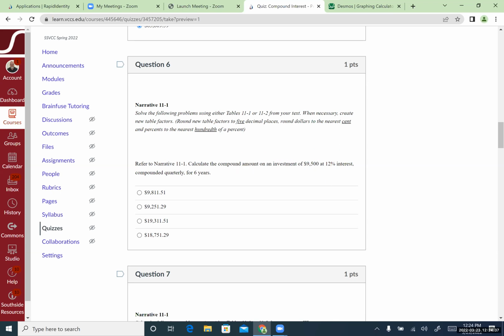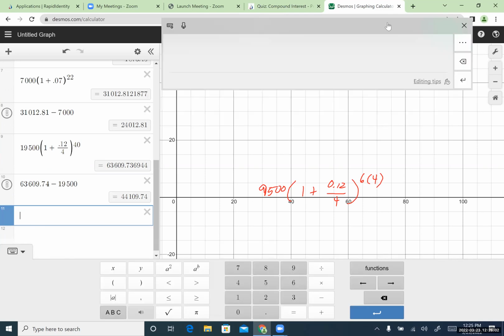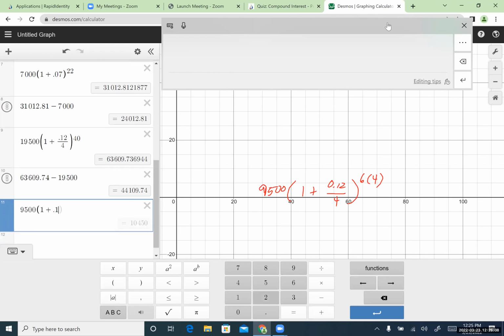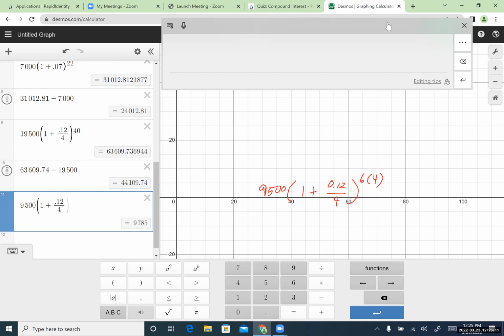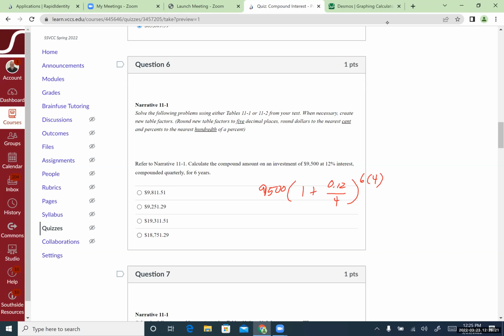Compound amount on an investment. Here we go again. So 9,500, 1 plus 12%, quarterly, 4 times a year, 6 years times 4 times a year. $9,500, 1 plus 0.12 divided by 4, to the 6 times 4 is the 24th power. 19,311.54. 19,311.51.